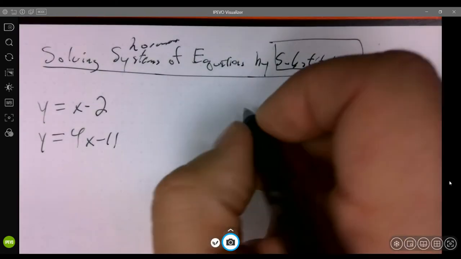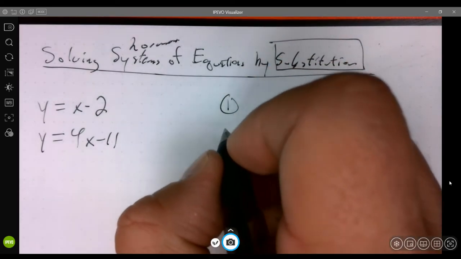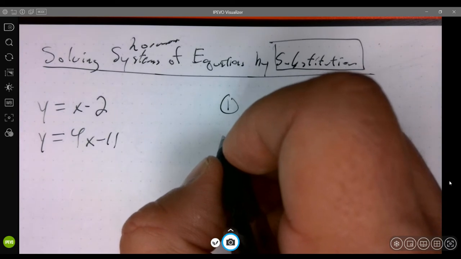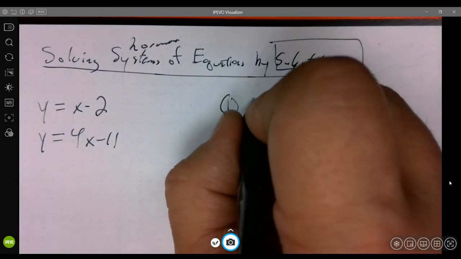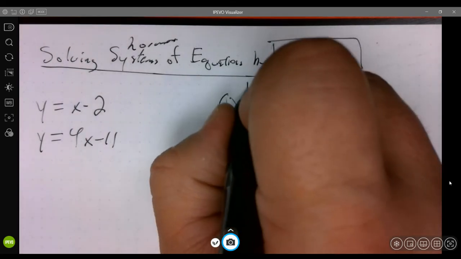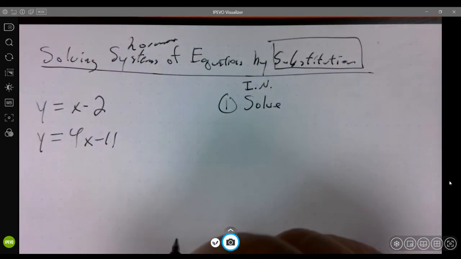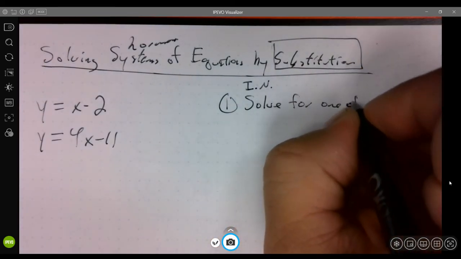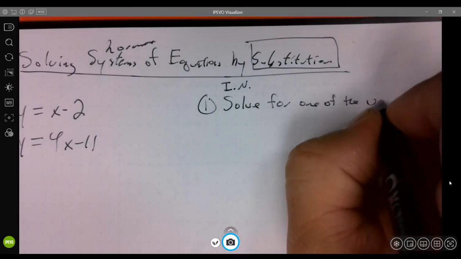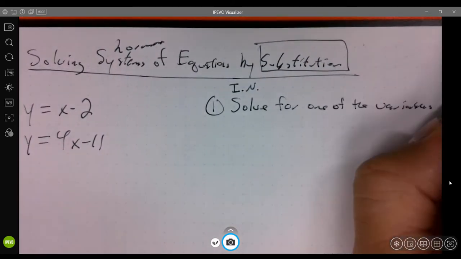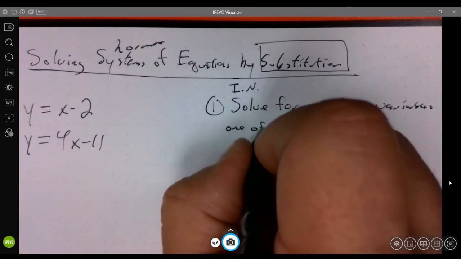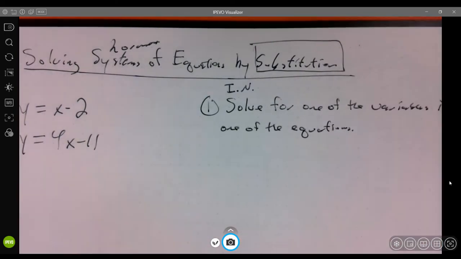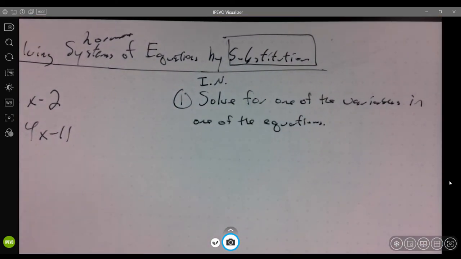When we have that system, the first thing we want to make sure we do, and I'll give you a little hint, I think almost all of your problems, maybe except a few, will already have this step done, is, if necessary, solve for one of the variables in one of the equations. That's it. So solve for one of the variables in one of the equations.